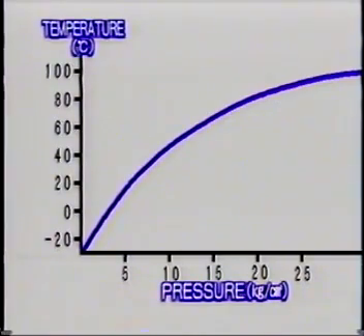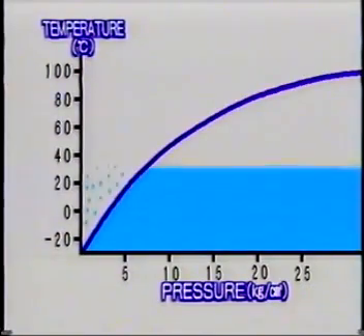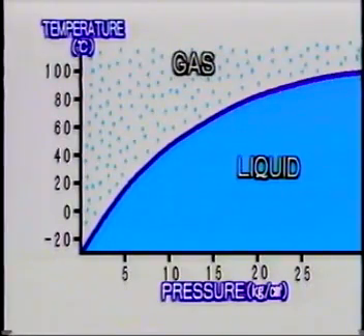This line represents the temperature. And this curved line indicates the border between a liquefied refrigerant and a gasified refrigerant. A refrigerant becomes a gas when both the temperature and the pressure are above this borderline. It becomes a liquid when the temperature and pressure are below the borderline.